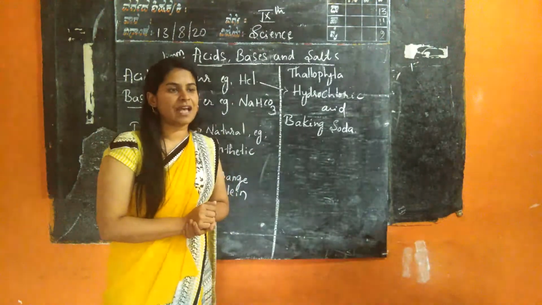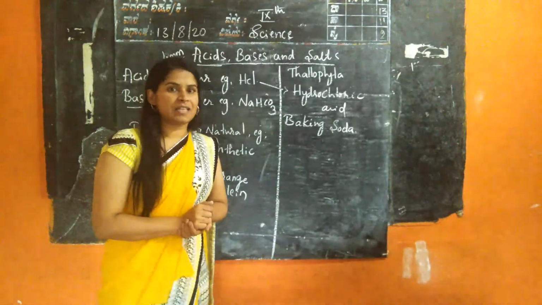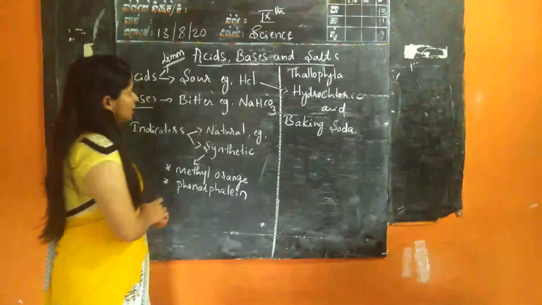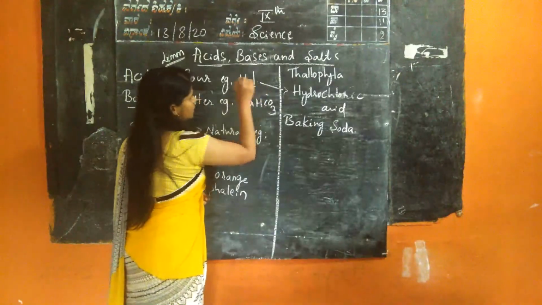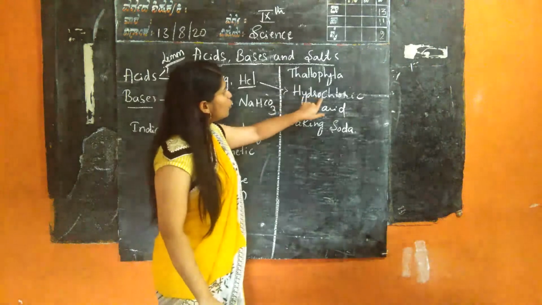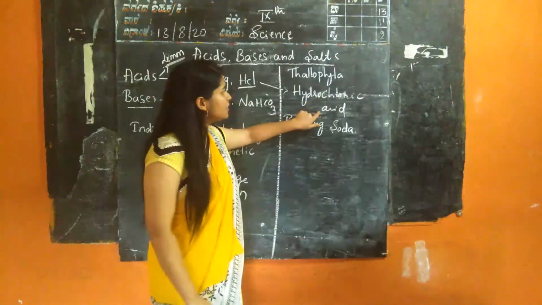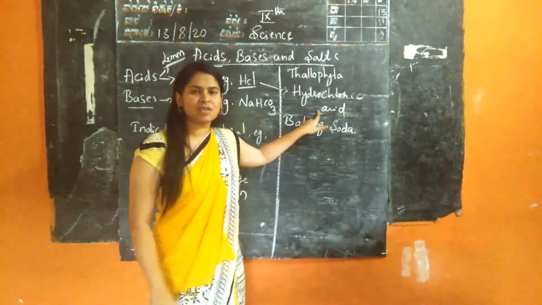We will say that the acid's name is citric acid. Understood? One more acid is HCl, which is nothing but hydrochloric acid.